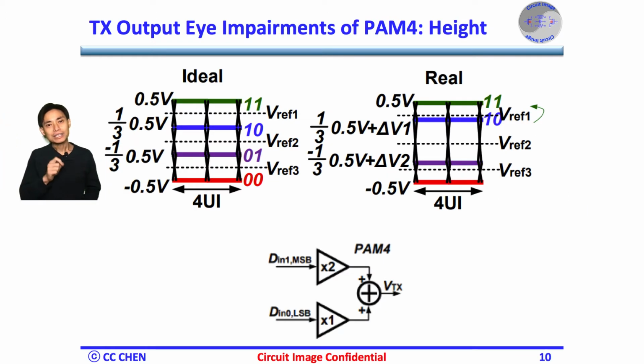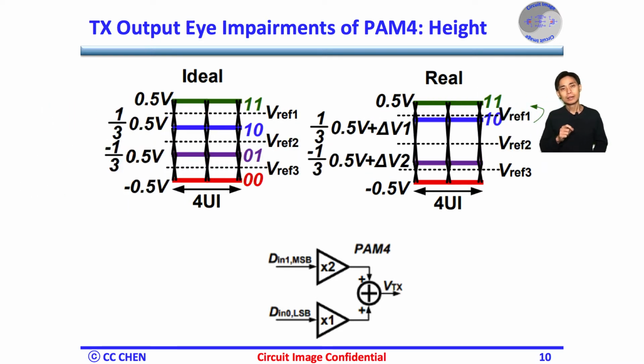Bingo! Unequal eye height between symbols could be an issue. Ideally, the eye height is the same between symbols. Therefore, the noise margin can be maximized, and the bit error rate can be minimized. But the mismatch between 2 segments and 1 segment drivers will create different eye heights between consecutive symbols.